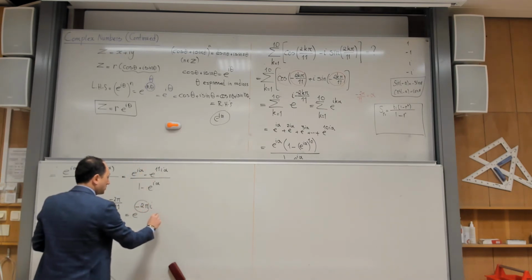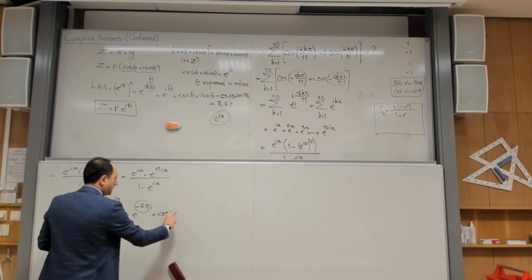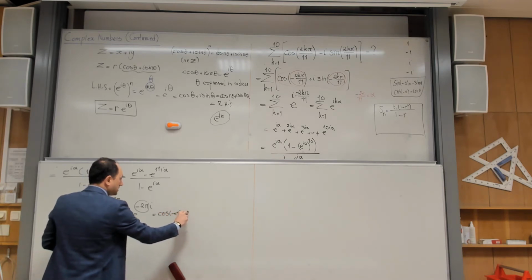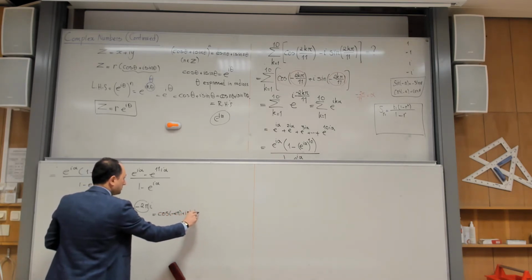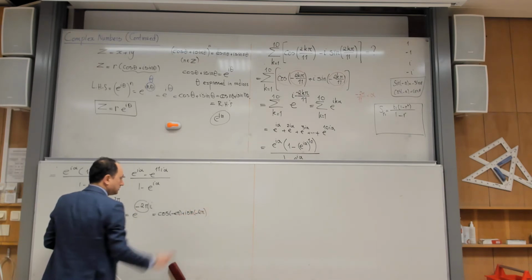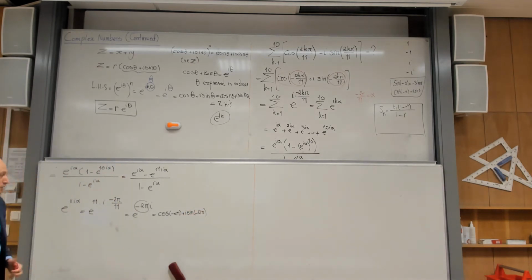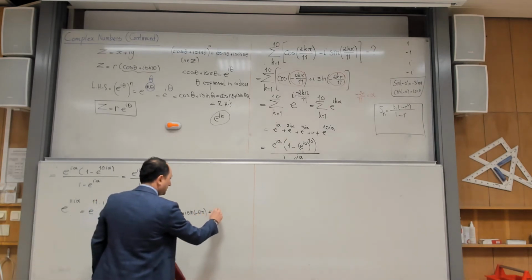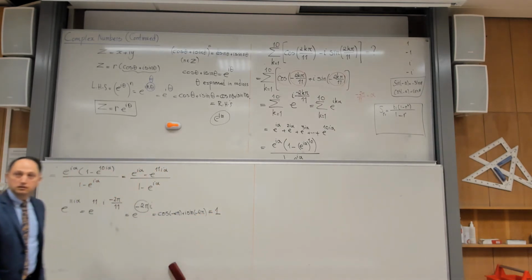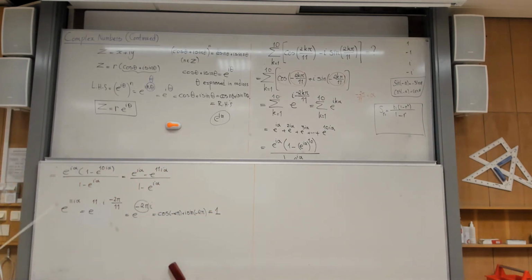So this becomes cosine of minus 2 pi plus I sine of minus 2 pi. But what is cosine of minus 2 pi? It is 1. Sine of minus 2 pi is 0. So the answer is simply 1. So e to the power of 11 I alpha is 1.